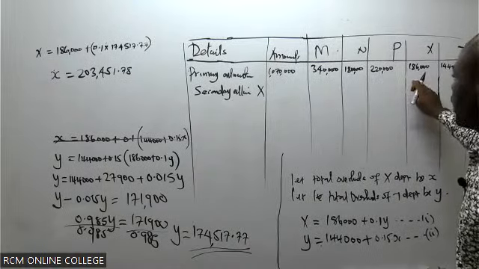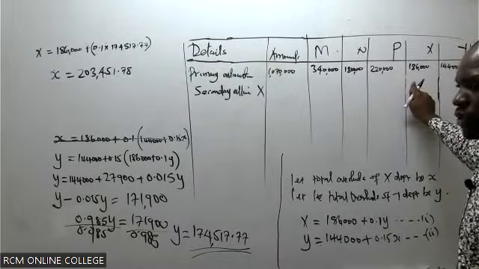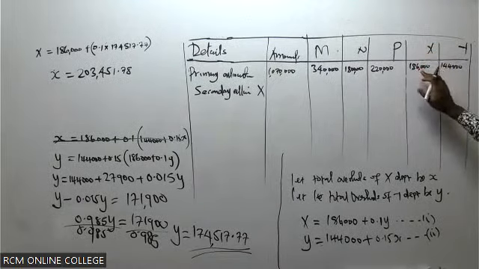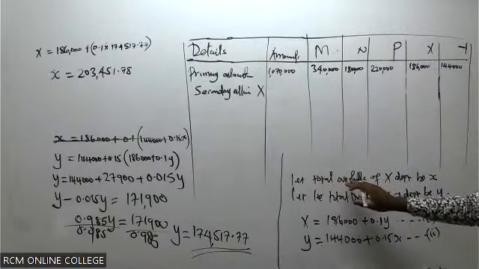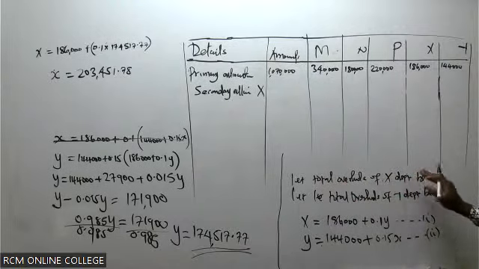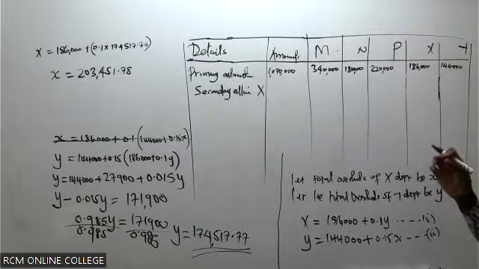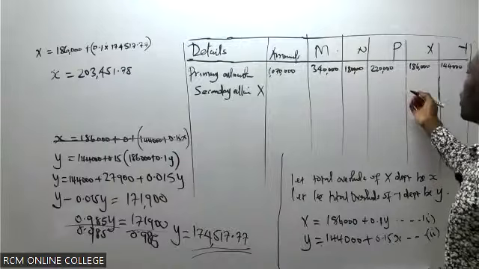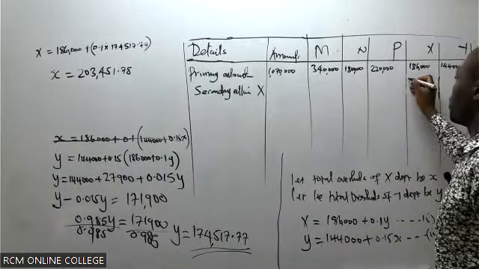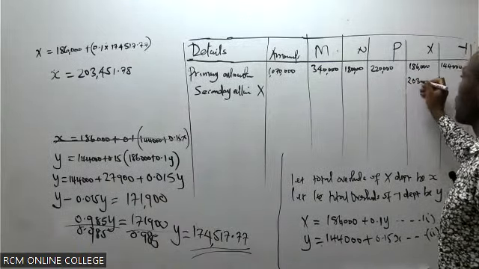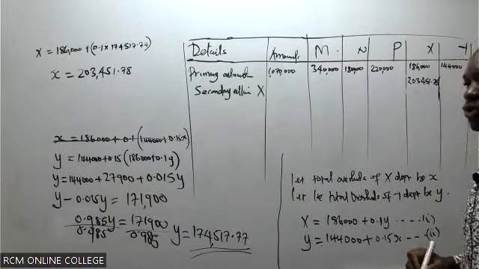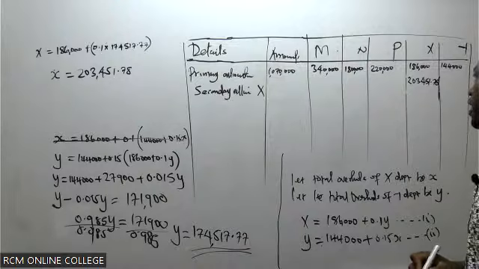So here, X will be giving out the total which it received and also what was given under primary allocation. What did we say? Let the total overheads of X department be X. So the value of X, which we've calculated up here, represents the total received by this department: 203,451.78.